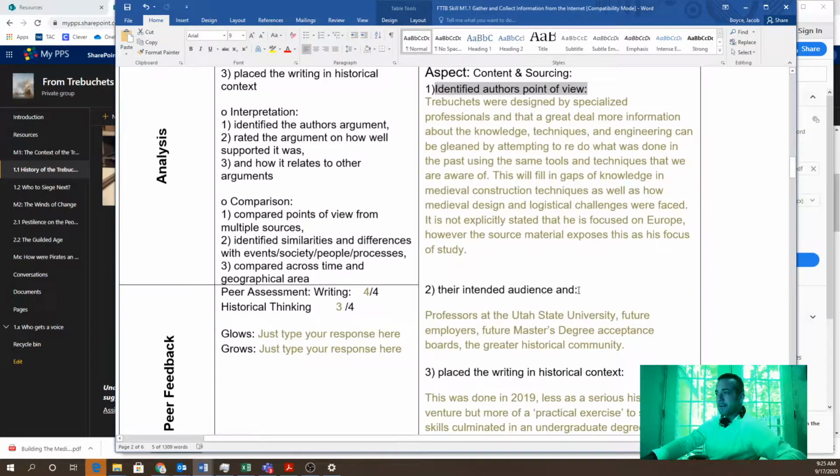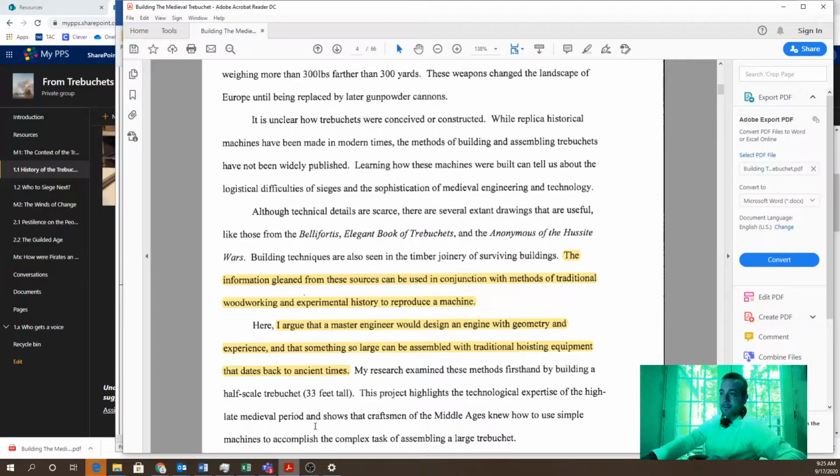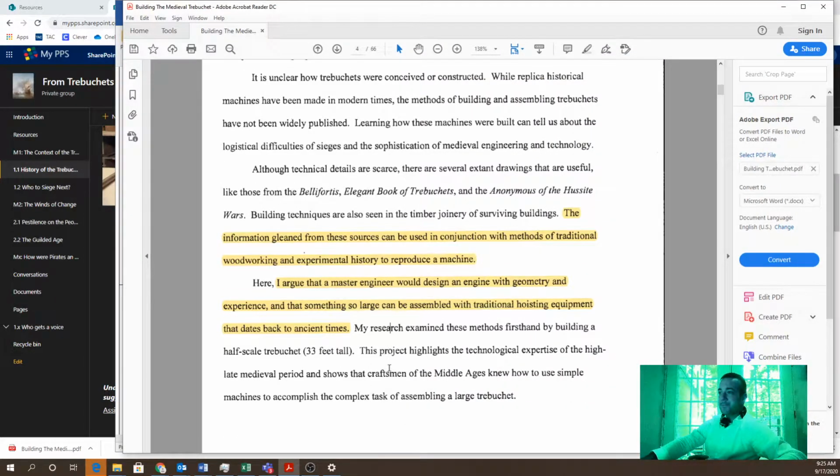For the intended audience, it's important that you really think about this through the perspective of who was doing the writing and why they were doing it. I would anticipate, based on the fact that this is a capstone project for an undergraduate in historical studies, that this is mainly for their professor. Secondary to that would be anybody who is going to approve the degree.